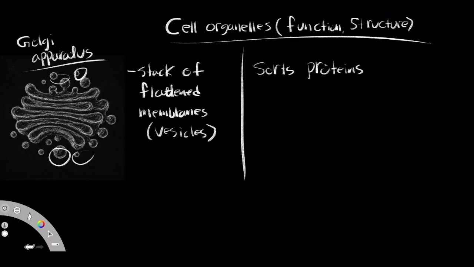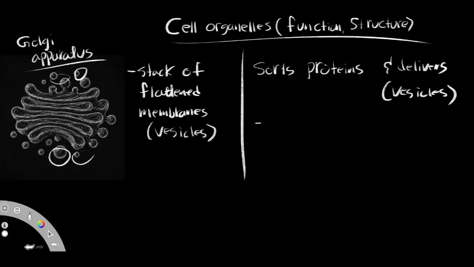Where do they get these proteins from? They get them synthesized and produced from the rough endoplasmic reticulum, which we'll be looking at shortly. The vesicles, like I pointed out over here, help deliver them away, thanks to the vesicles.